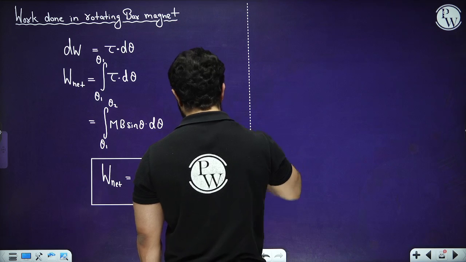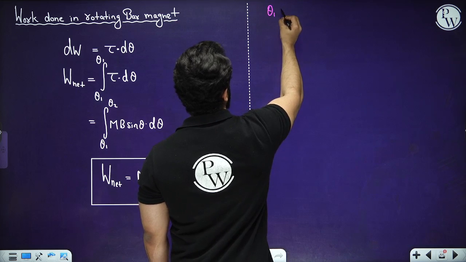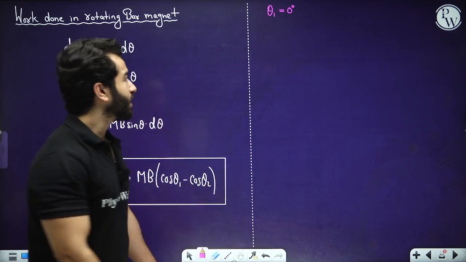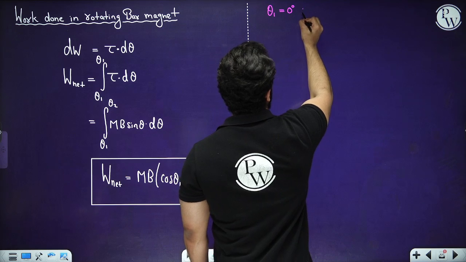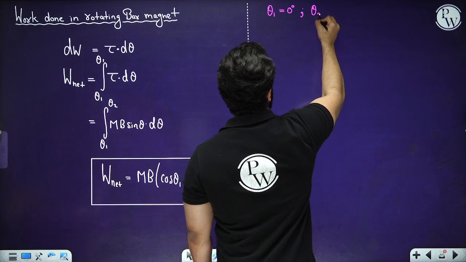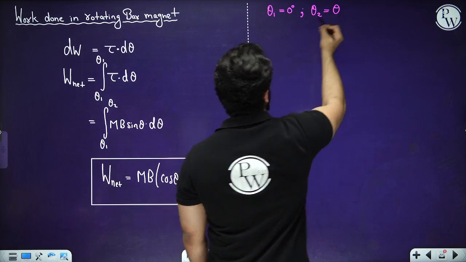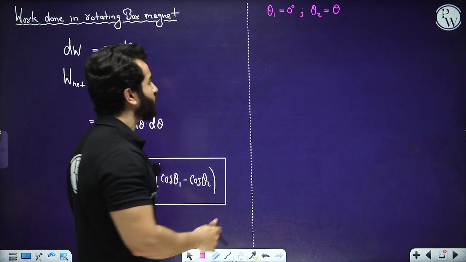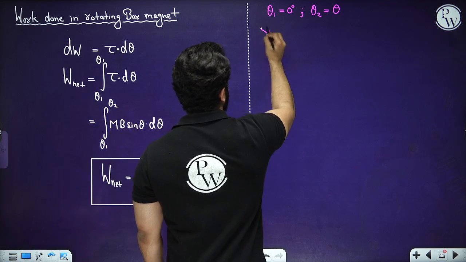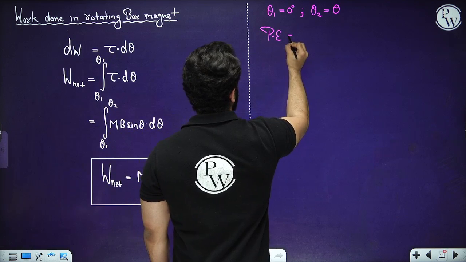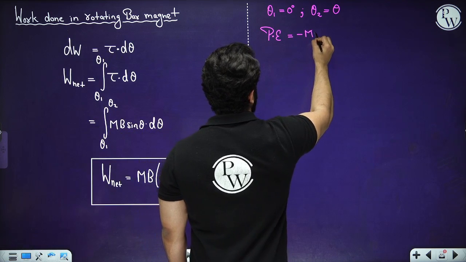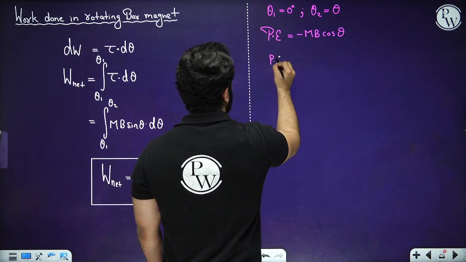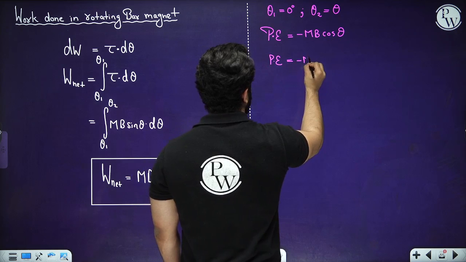Let's say that theta 1 was 0 degree, and we have rotated it so that theta 2 is actually theta. So whatever the work done is, it will get stored in the form of potential energy. That potential energy will be written as minus mB cos theta, or for this specific case we can write it as minus m dot B.